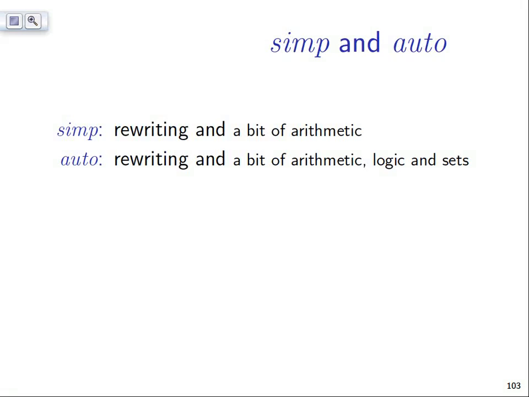So remember, so far we had simp and auto, and what does simp do? It just does rewriting essentially and a bit of arithmetic, and auto does a bit more. It does rewriting, also arithmetic, but it also knows to some extent about sets and logic, but not that much.